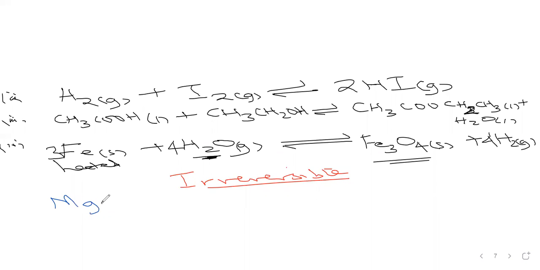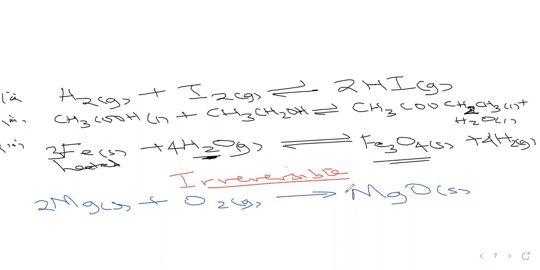The first example is the reaction between magnesium and oxygen to form magnesium oxide. That is one of the reactions.